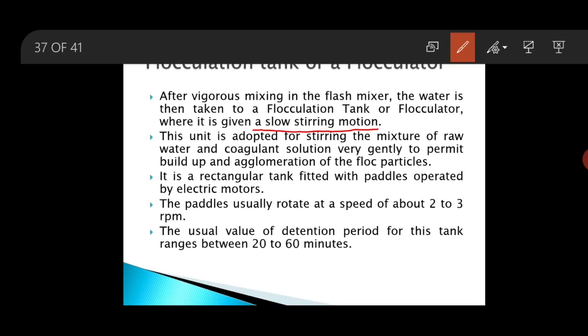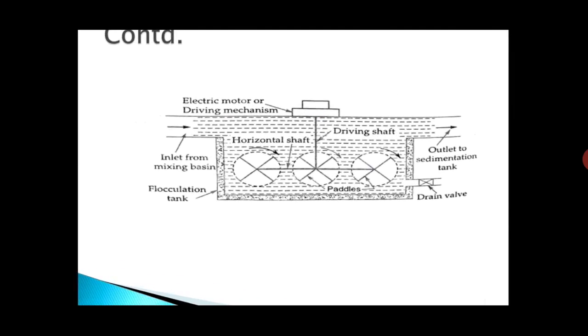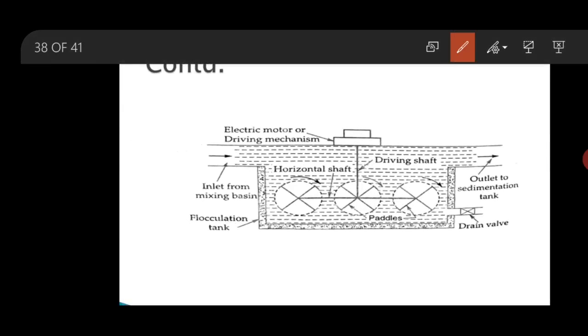Now I will show you the diagram of the flocculation tank. So this is a flocculation tank. This is also a rectangular tank which is fitted with paddles. See here, these are the paddles, and these are operated by an electric motor.